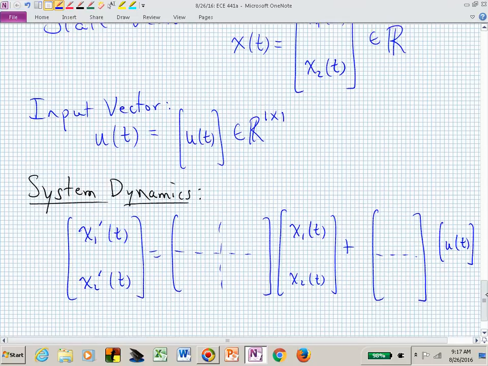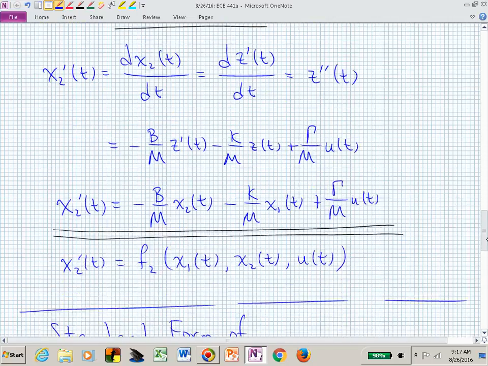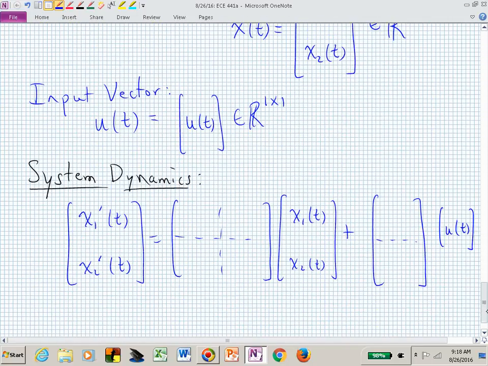So now we go back to our underlined equations, and we say, okay, how do I create x1 prime equal to x2 in that top row of my state space representation? I have x1 prime on the left, and now on the right, I need to only end up with what was on the right, which was x sub 2. How do I build or end up with x sub 2 on the right? What can I put in the top row of that A matrix?